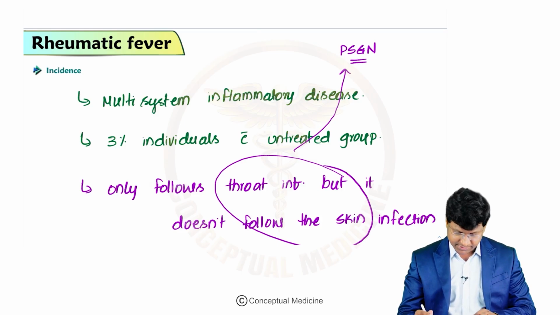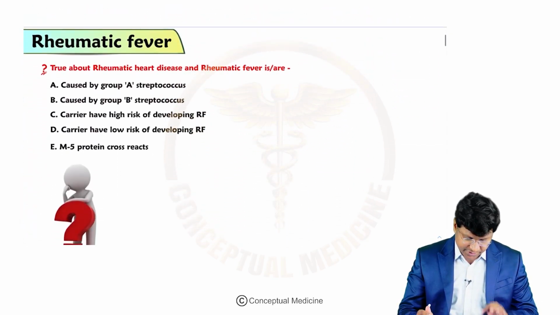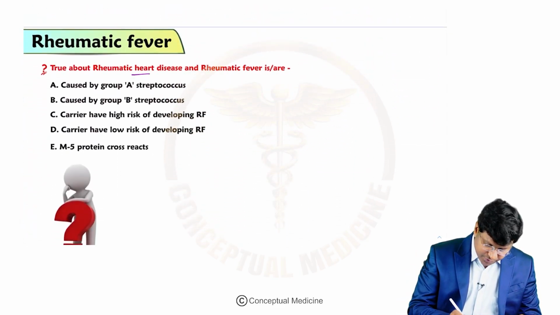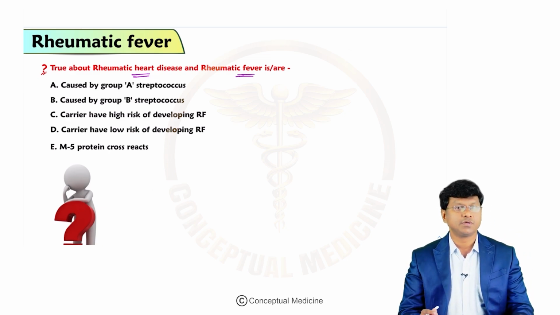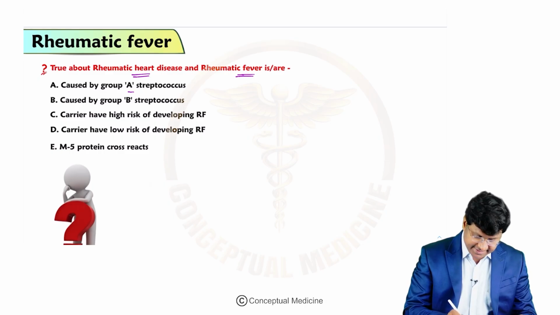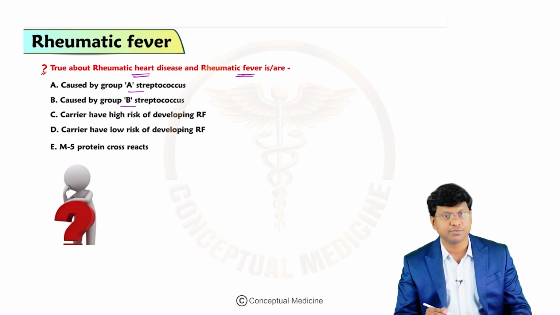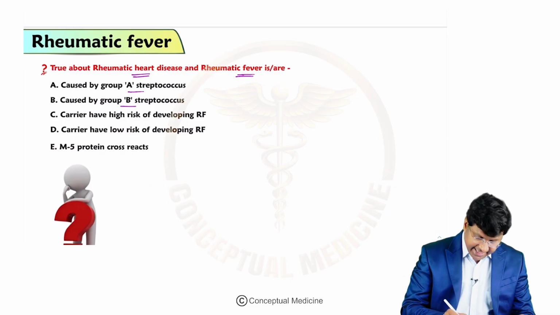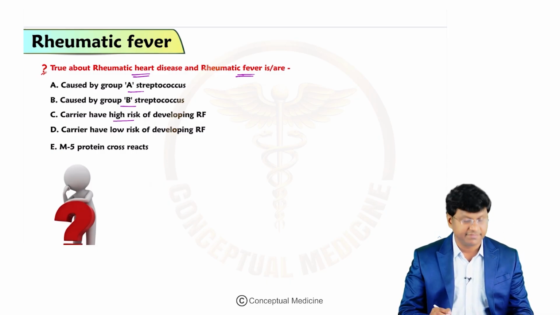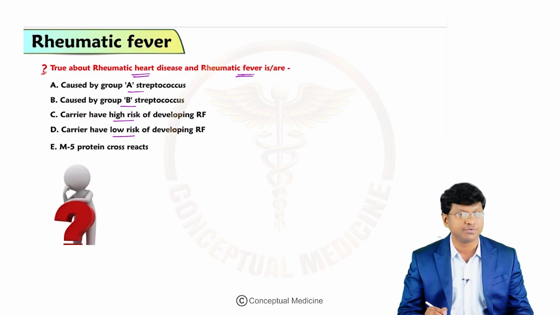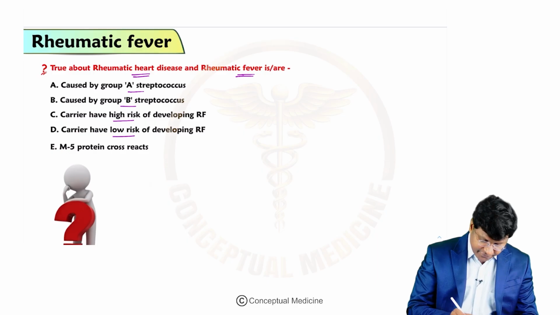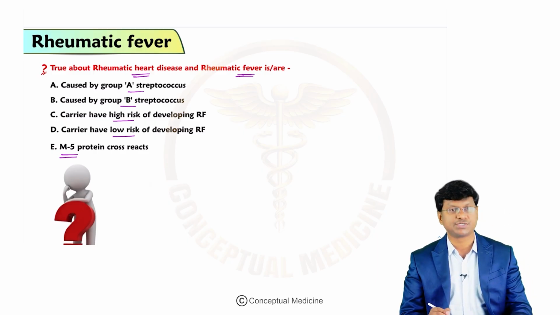Next, you see a question here. True about rheumatic heart disease and rheumatic fever: caused by group A streptococcus, caused by group B streptococcus, carriers have high risk of developing rheumatic fever, carriers have low risk of developing rheumatic fever, M5 protein cross reacts.